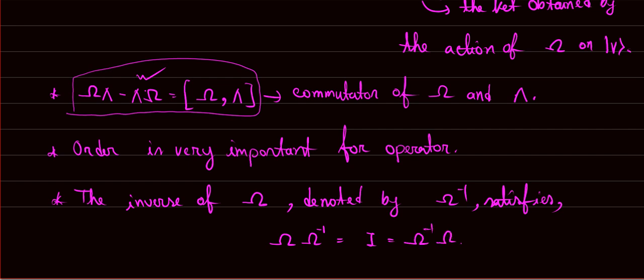So the product of the inverse of an operator with itself will always give us the identity operator. So this is the definition of the inverse of an operator.